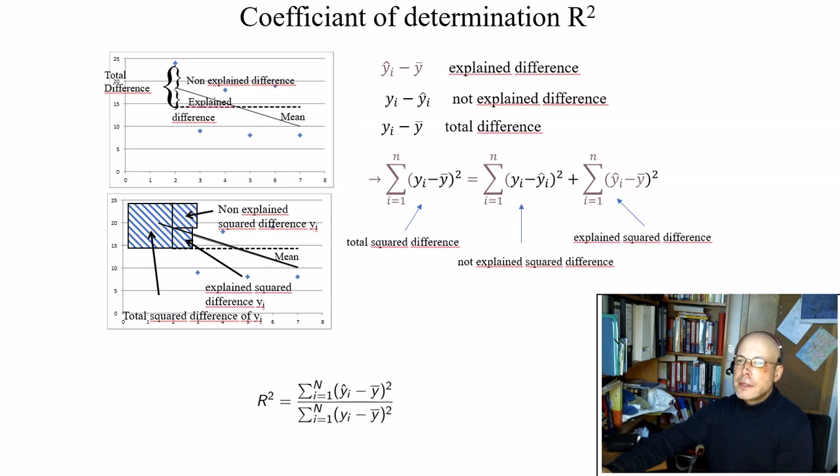This is also the graphical description of how we can explain why we can interpret the coefficient of determination as the percentage of explaining our data. Let's take this example.